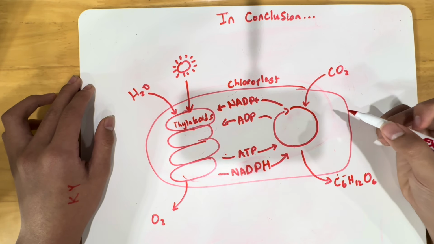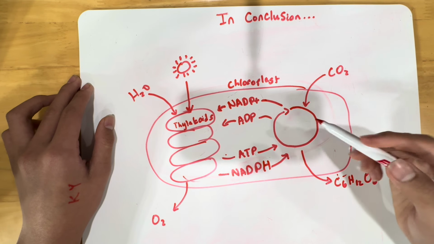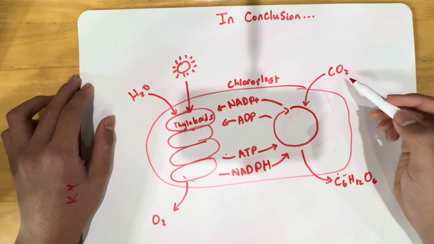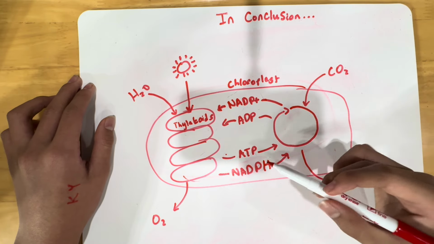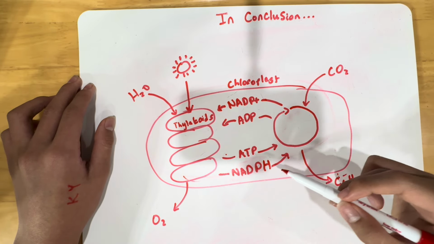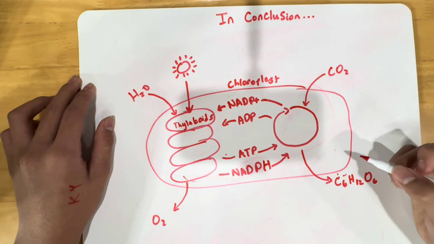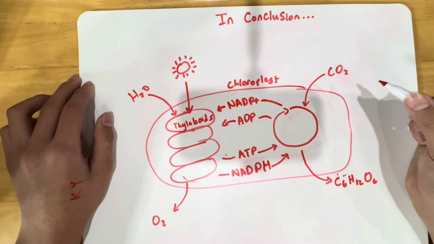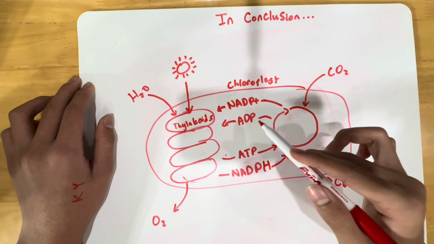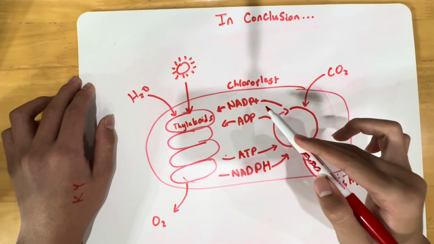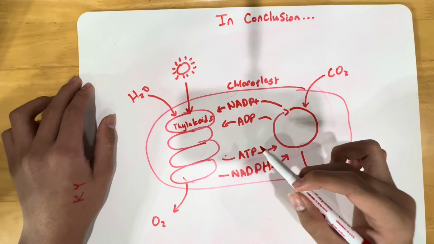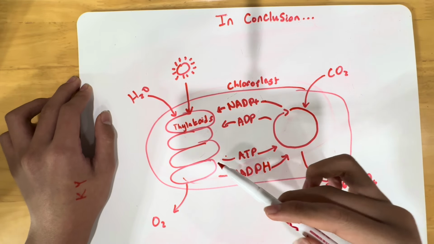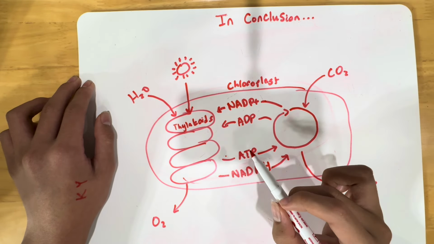The second reaction, the Calvin cycle, takes in carbon dioxide from the environment, as well as ATP and NADPH from the first reaction, and converts it to glucose. After the second reaction concludes, the used up ADP and NADP+ is returned to the cell for later use in the first reaction, the light-dependent reaction.